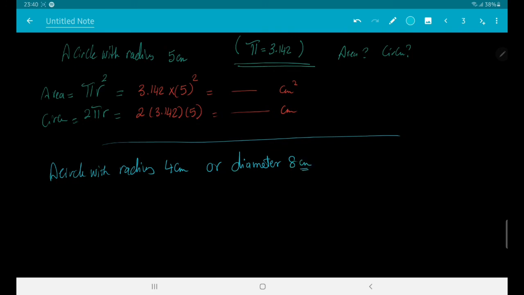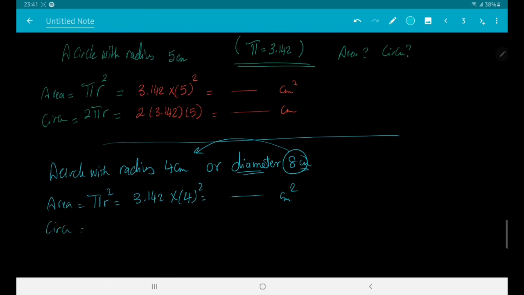You know that if the diameter is 8, the radius should be 4. The area is pi r squared, so pi is 3.142 multiplied by the radius, which is 4 squared. The answer is in centimeters squared, and the circumference is 2 pi r, which is 2 multiplied by 3.14 multiplied by 4, and the answer will be in centimeters.